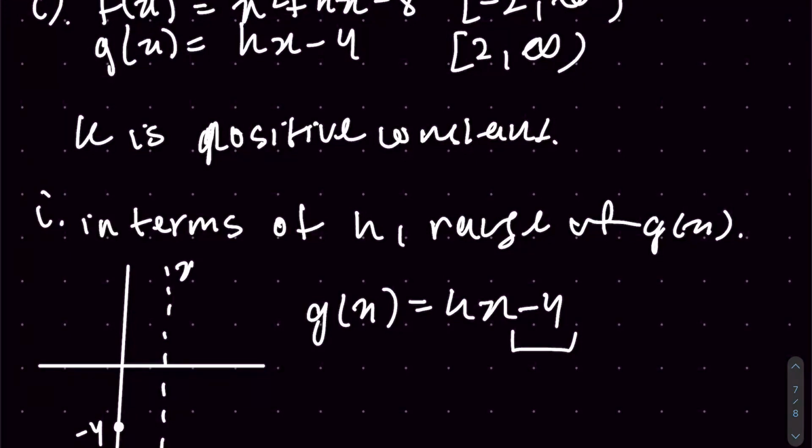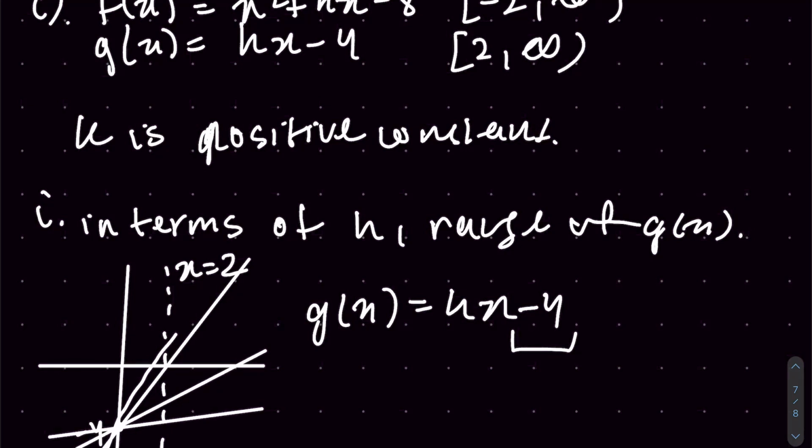This is x equals 2. Now, we see that whatever y value we draw, no matter what the gradient is, the gradient could be anything, and the value that's going to determine what the range is, what we will do is plug in x equals 2.